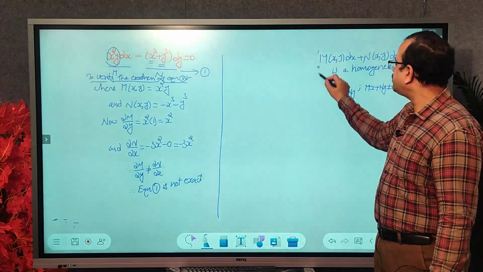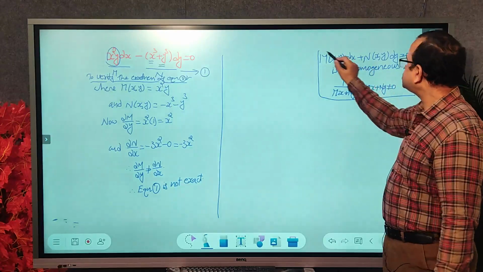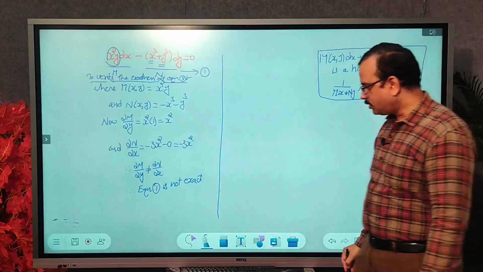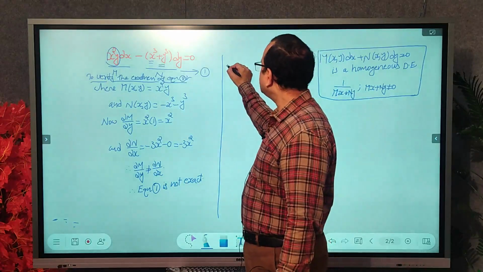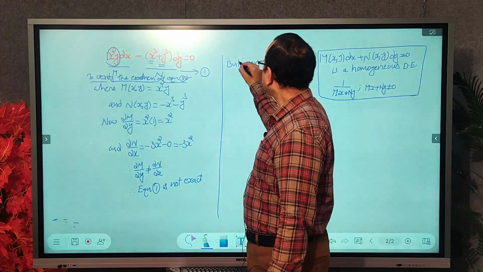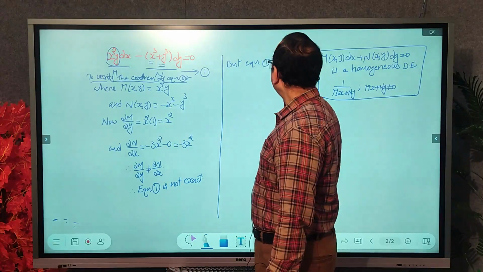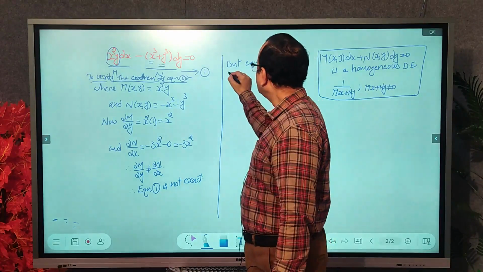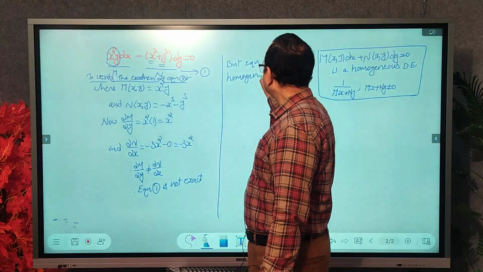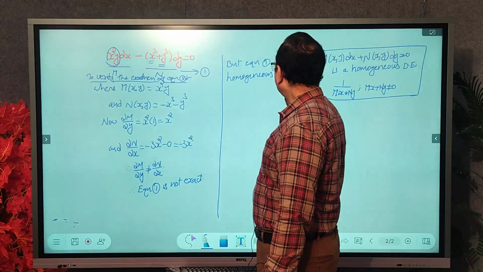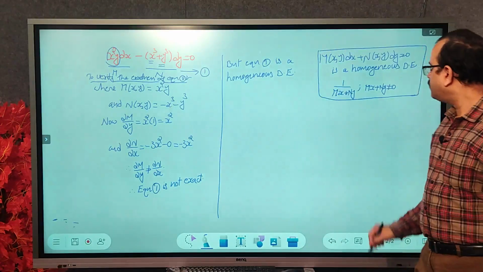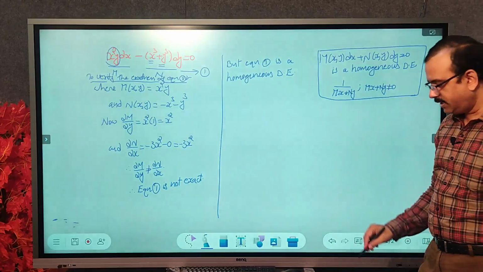Therefore we can take the integrating factor as 1 by Mx plus Ny. Now we will mention that. You can write: equation 1 is a homogeneous differential equation, so we can take 1 by Mx plus Ny as an integrating factor.